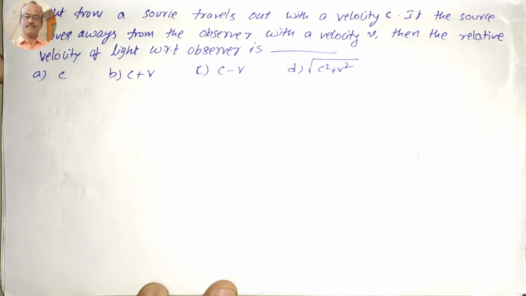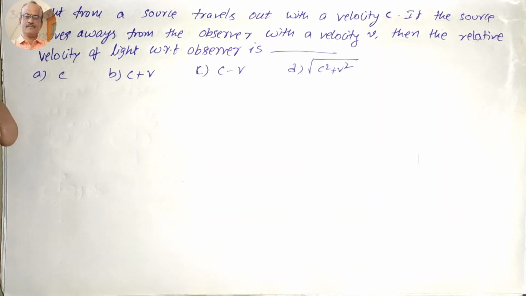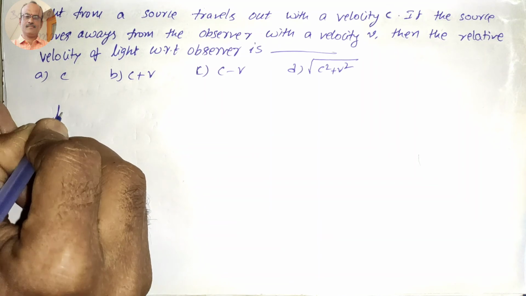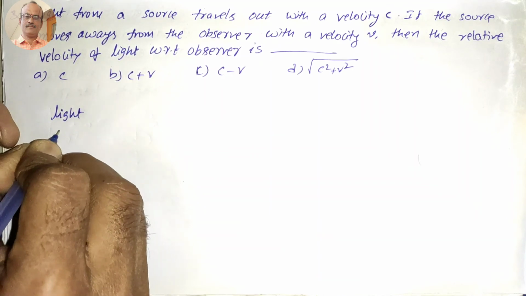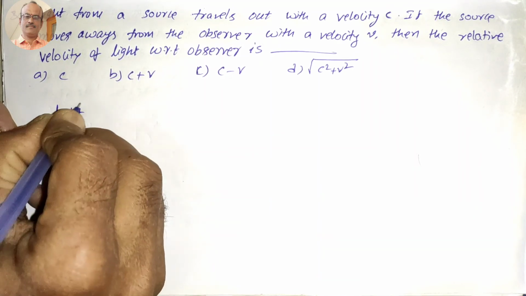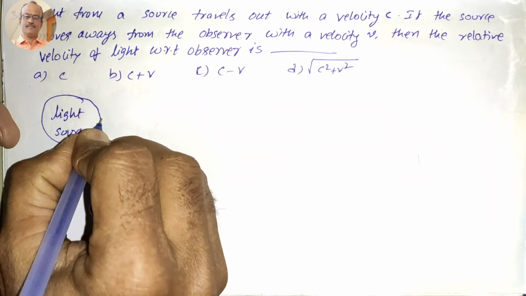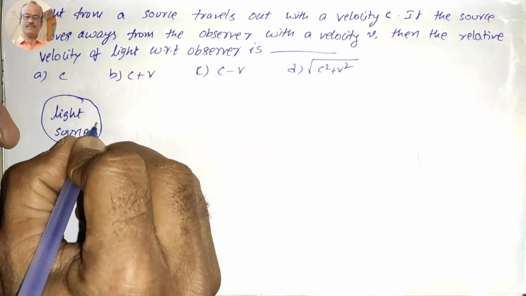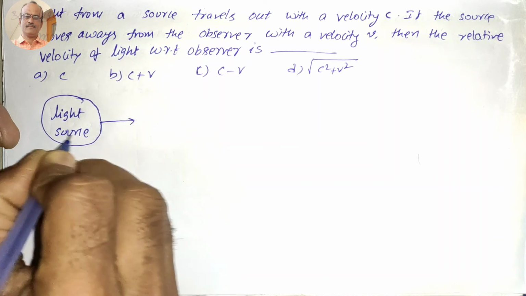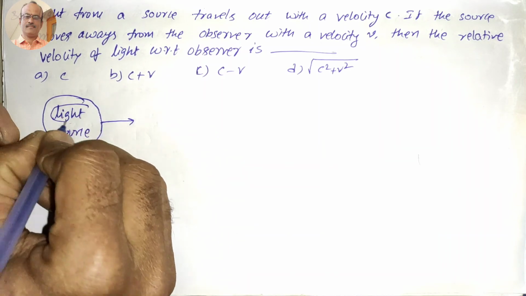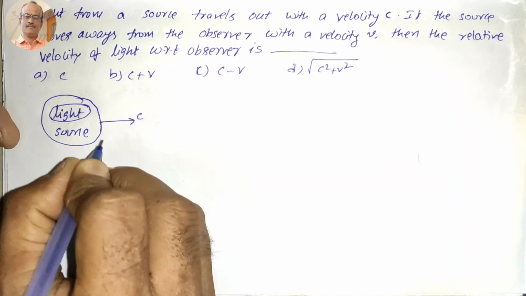Now question number 30. Light from a source travels out with a velocity c. If the source moves away from the observer with a velocity v, then what is the relative velocity of light with respect to the observer? So first of all, here is the light source, and light is coming from the source with a velocity c.